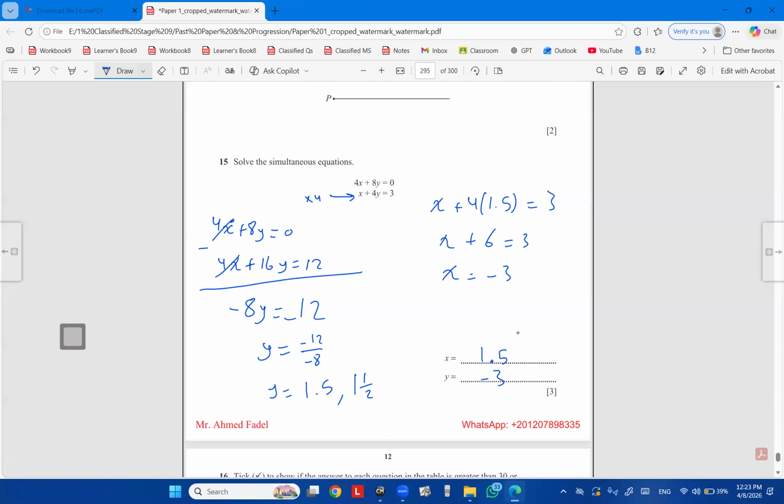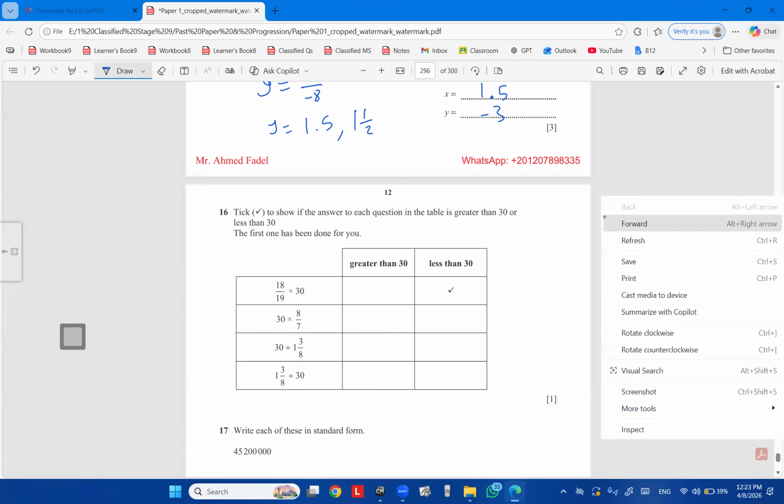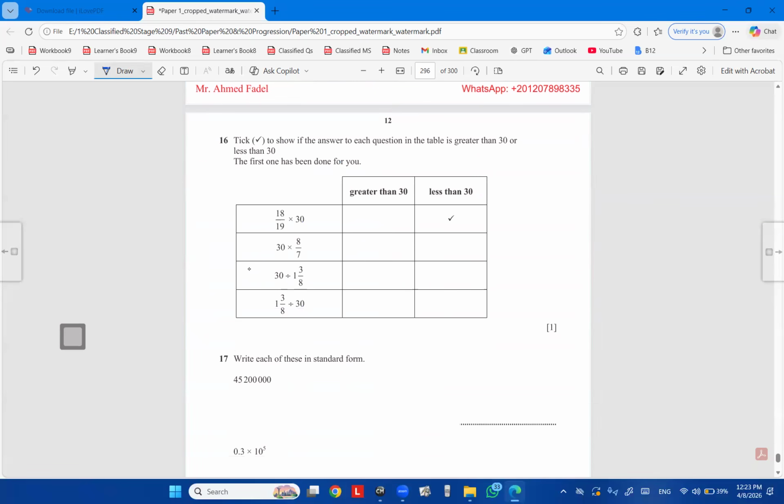If you have no time and you're running out of time, then move on to the next question. We agreed before in other questions that if you multiply the 30 by something smaller than 1, how can I know that this is smaller than 1? It's a proper fraction. Proper fractions are always smaller than 1.